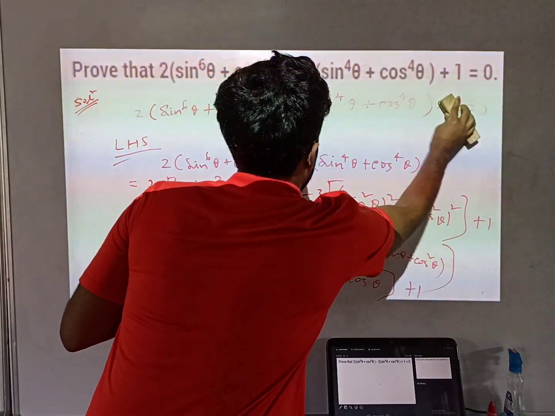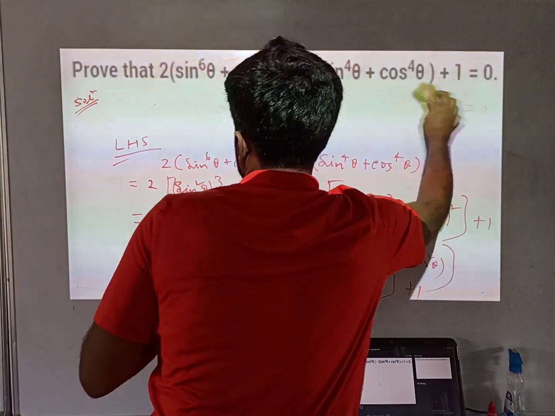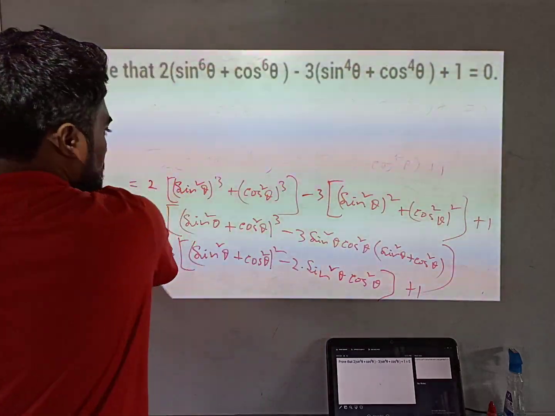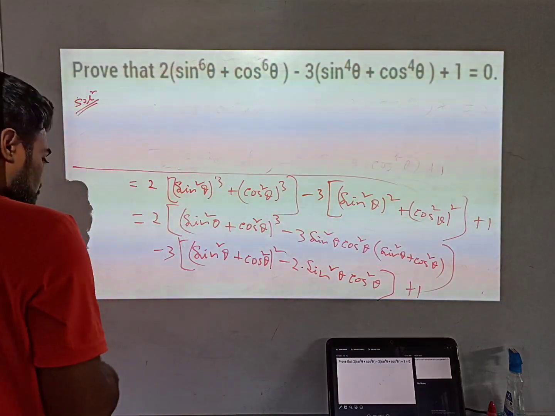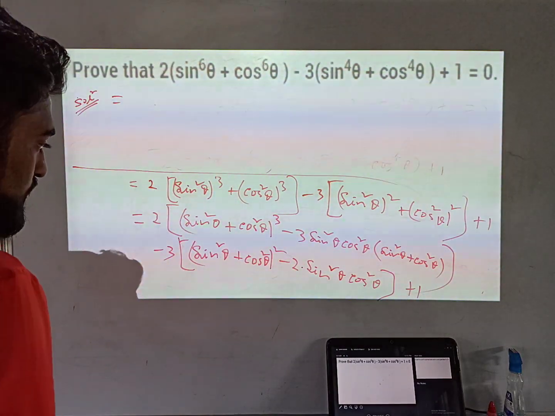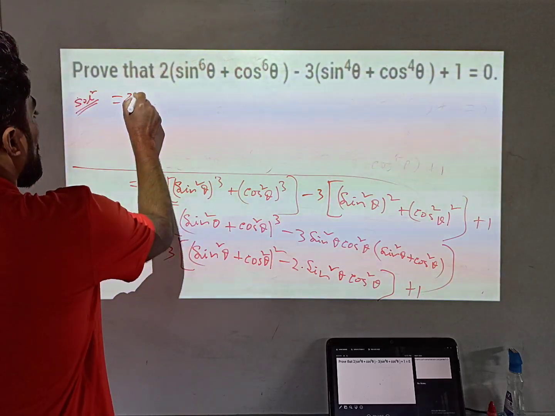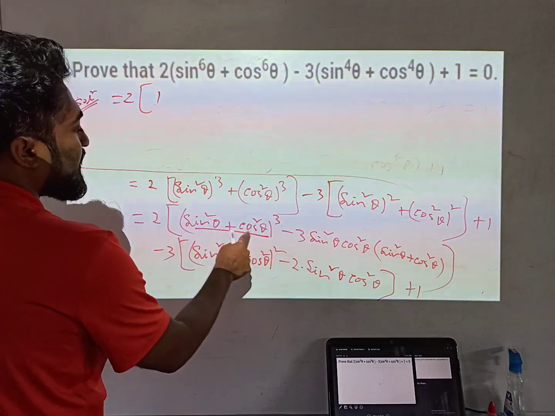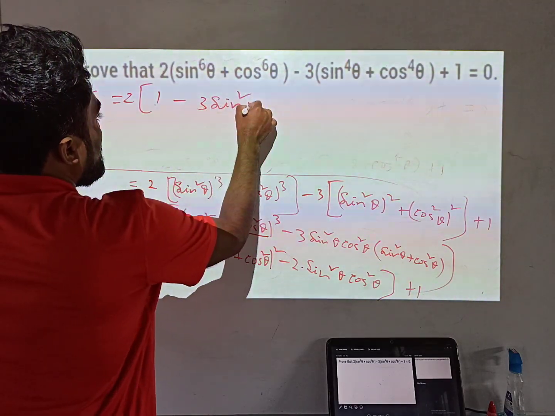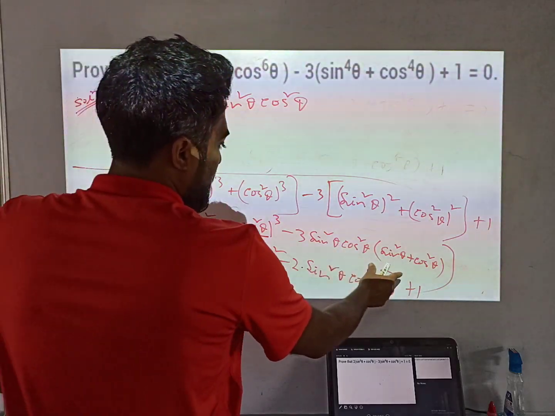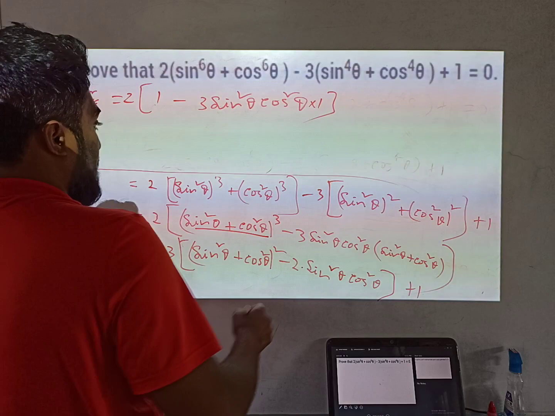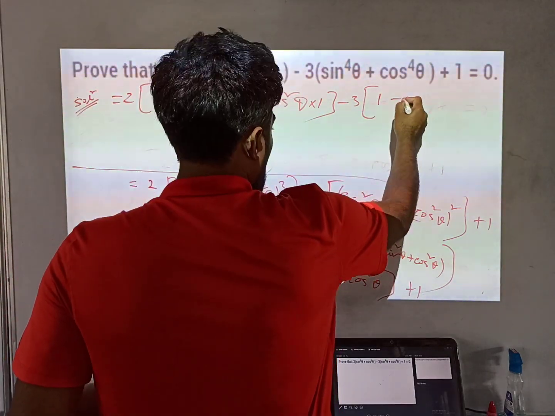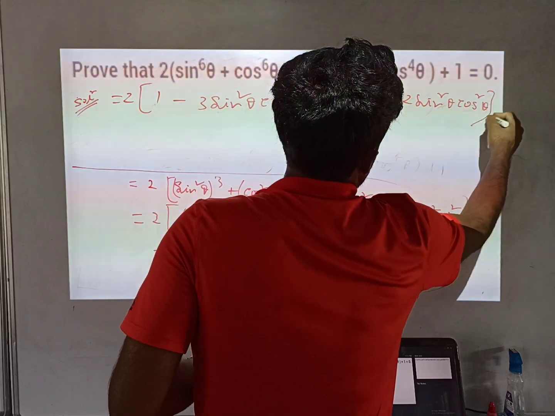See, what I have here: sin square plus cos square is 1, so 1 cube is again 1, minus 3 sin square theta cos square theta into 1, bracket close, minus 3 within bracket: sin square plus cos square is 1, so 1 square is 1, minus 2 sin square theta cos square theta, plus 1 outside this one.